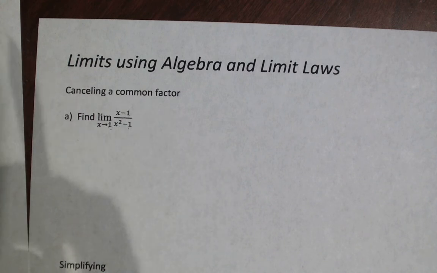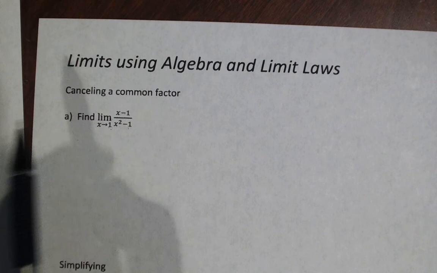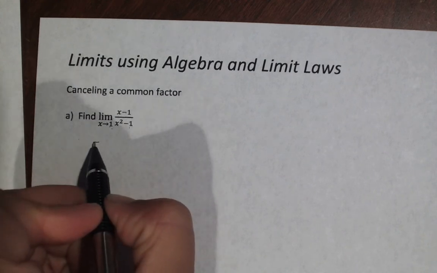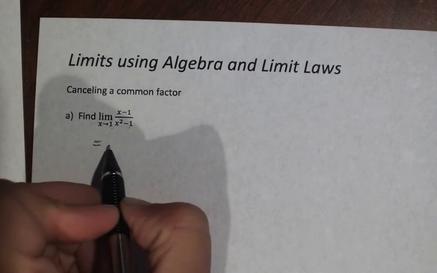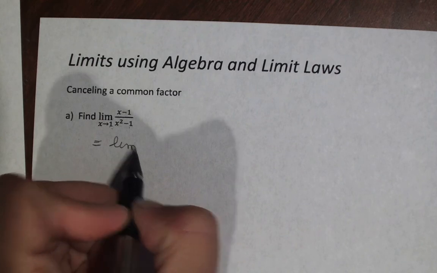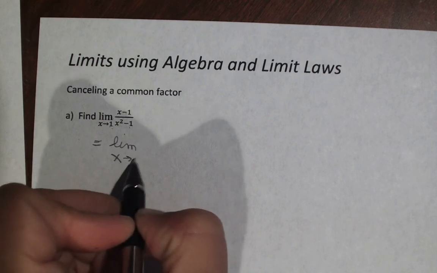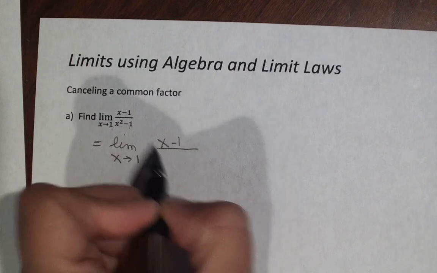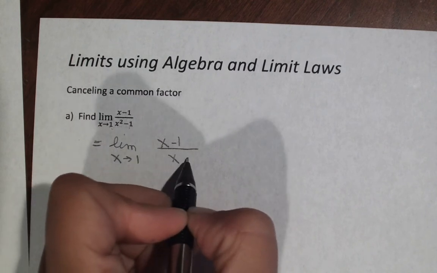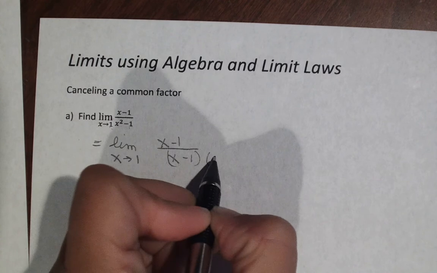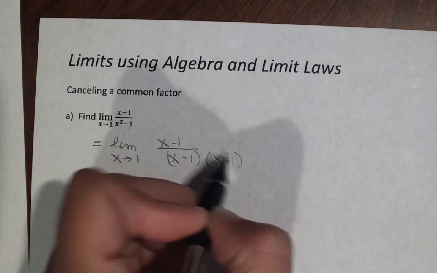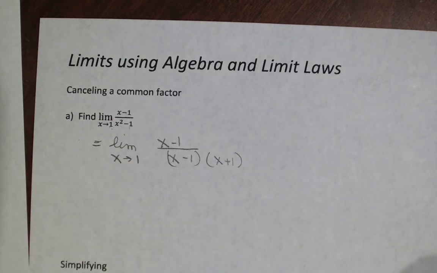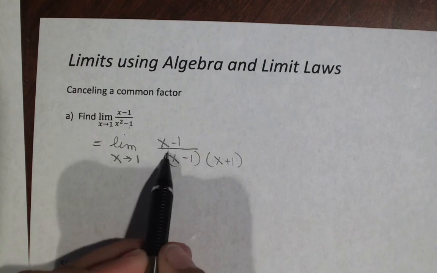But what we can think about is we can look at this and say, well, this really is the limit as x approaches 1 of x minus 1 over this factors x minus 1, x plus 1, which makes those two cancel.